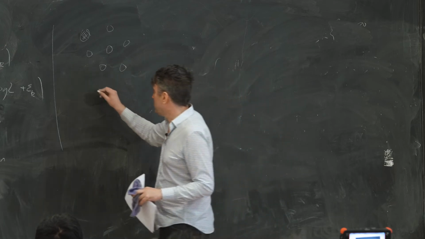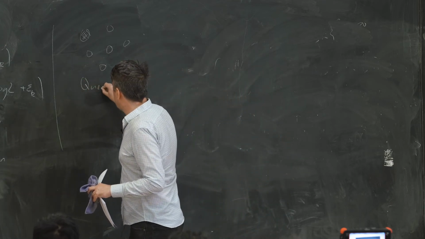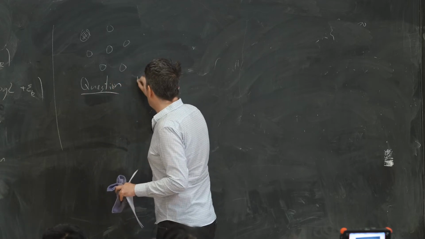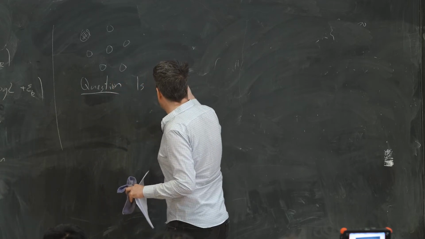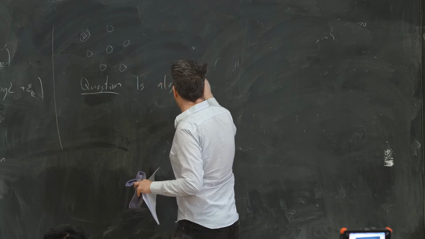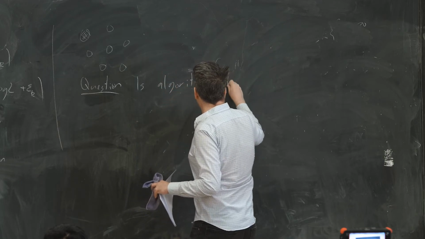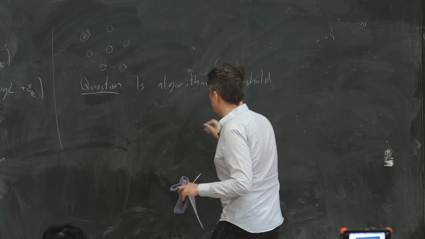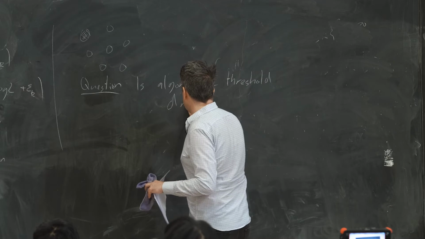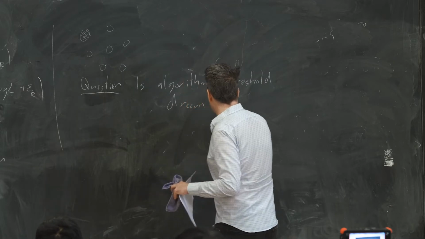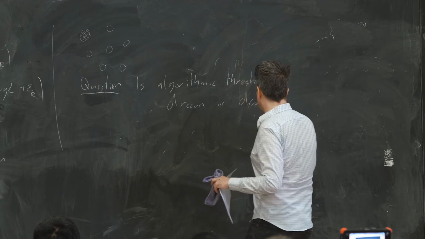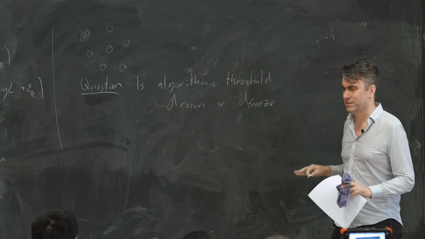And so the question is the algorithmic threshold for when you can find colorings, say, d reconstruction or d freeze.